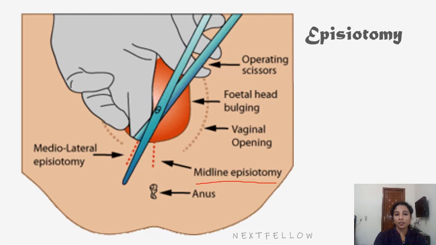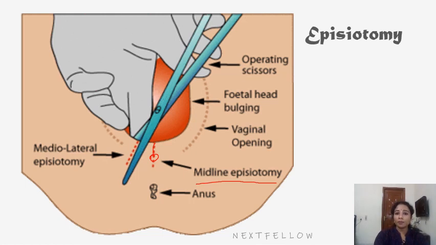So that is about the midline episiotomy. It will cut the frenulum, then it will cut the perineal body and also the superficial transverse perineal muscles.